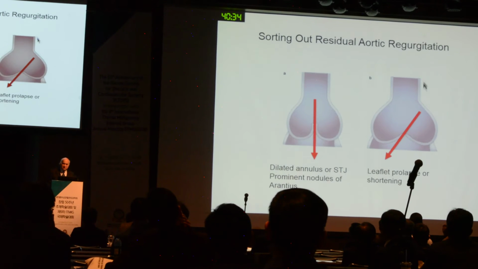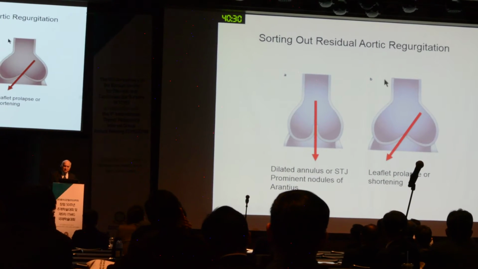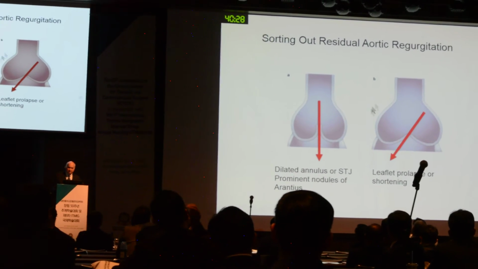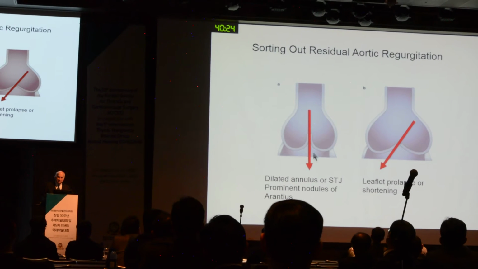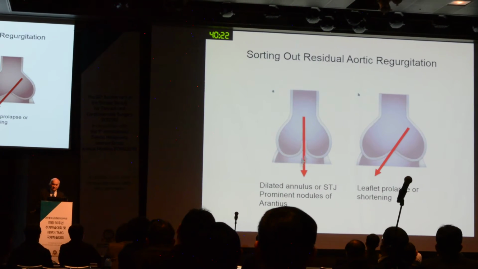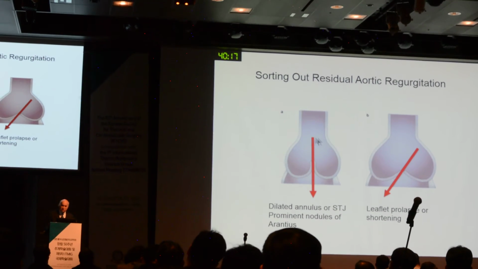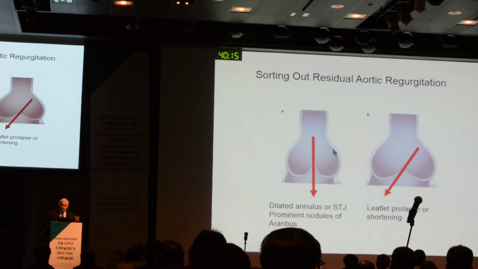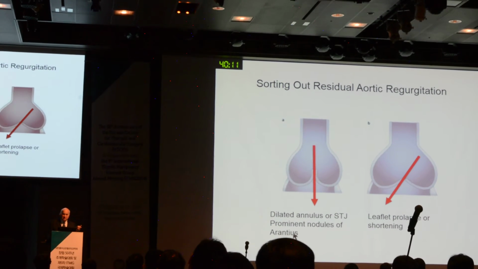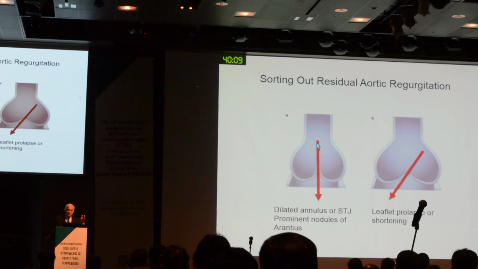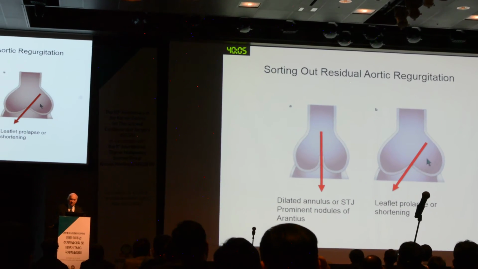Now, when you resuscitate the heart, you need to evaluate for residual aortic regurgitation. And as you know, there can be problems with this operation. If the annulus is too dilated or the sinotubular junction too dilated, as in the graft being too large, or if the nodules of Arantius are very thickened, you will see a regurgitation jet that goes straight back into the left ventricular outflow tract.